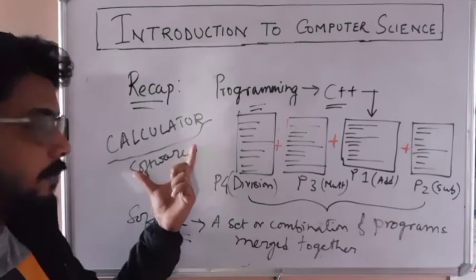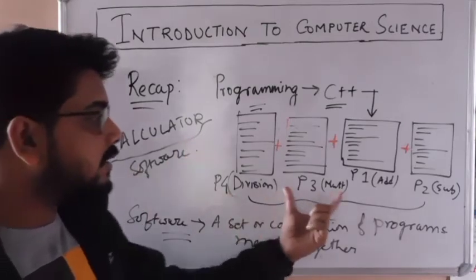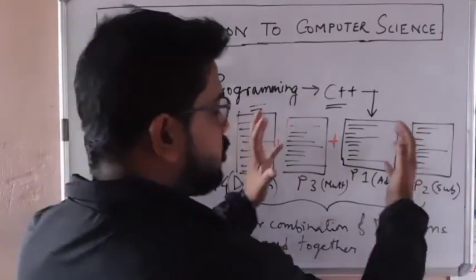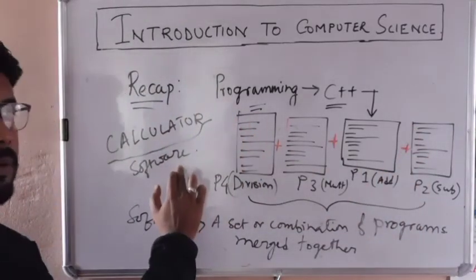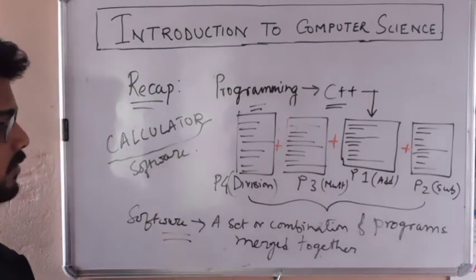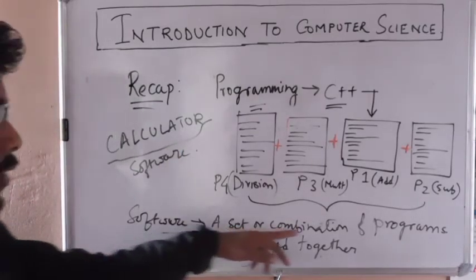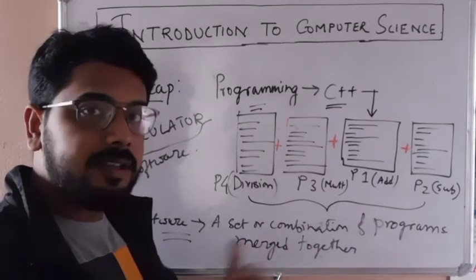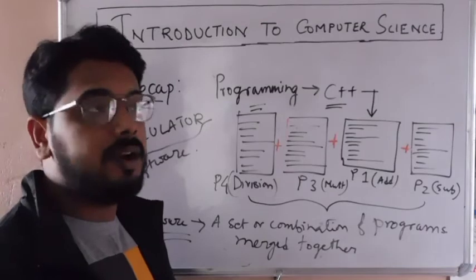It was made with the help of these small programs. When they are merged together, they form a software. That is why I have said that a software is nothing but a set or a combination of programs merged together. Okay? Now is it clear why we need to learn programming?